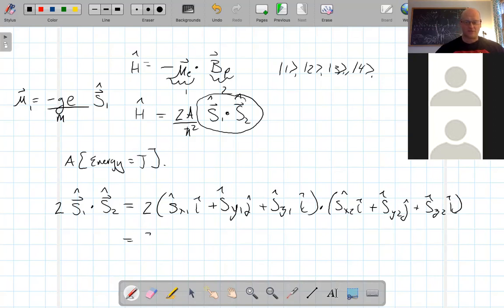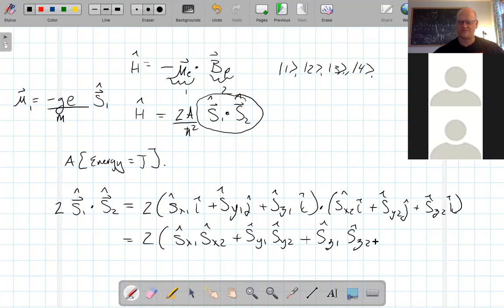So this is going to be equal to 2 times SX1 SX2 plus SY1 SY2 plus SZ1 SZ2, right? This is what we get from the dot product. Is that doing okay?